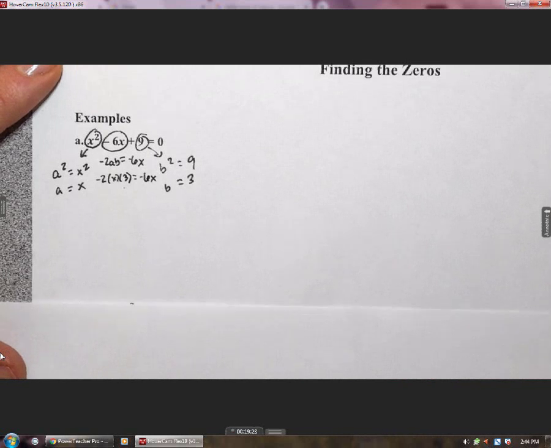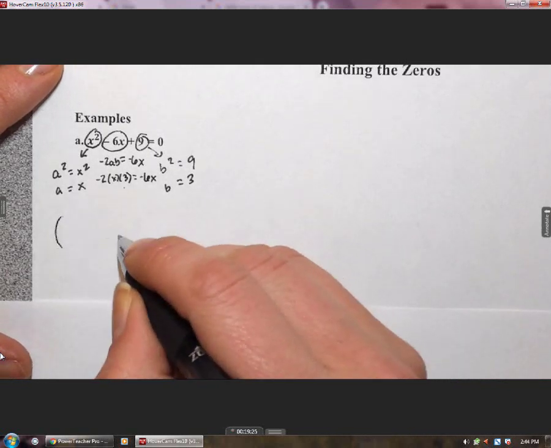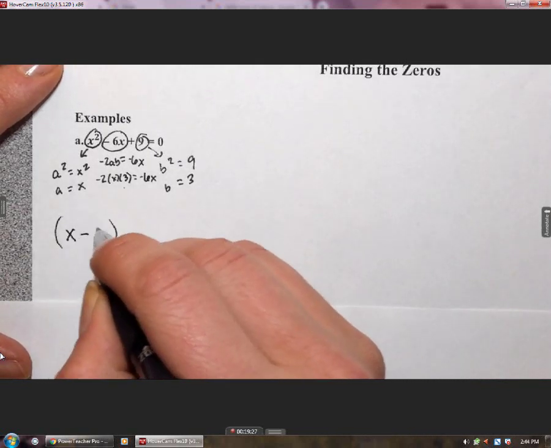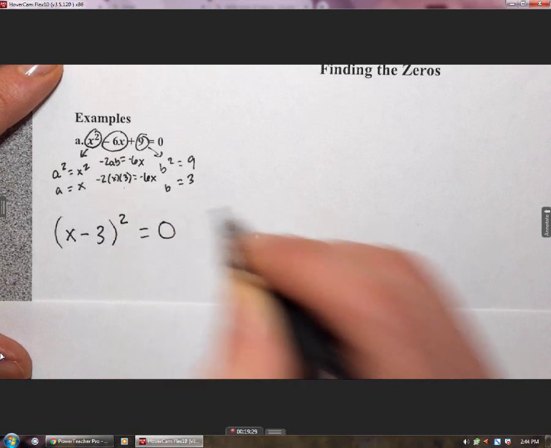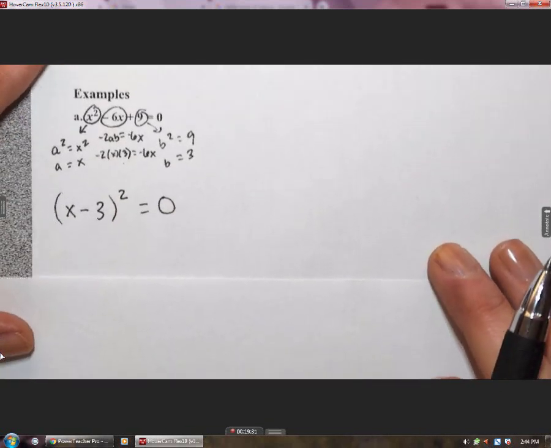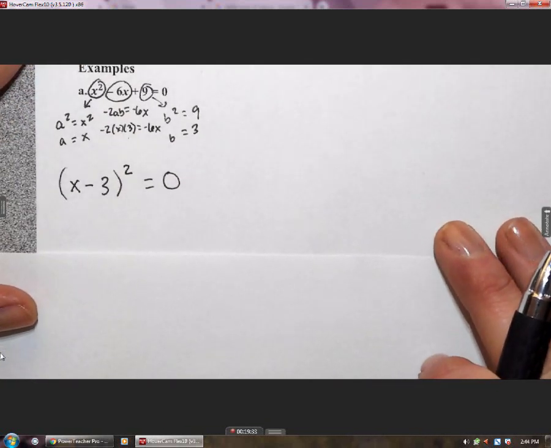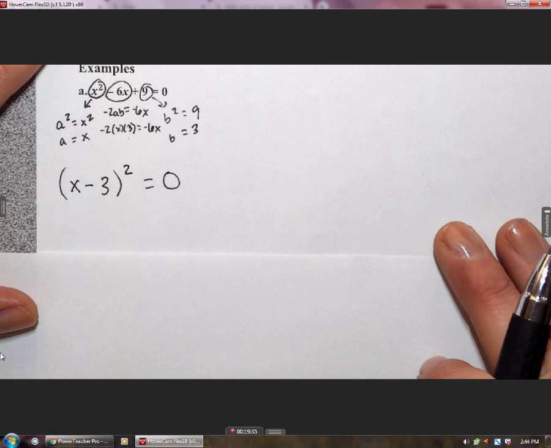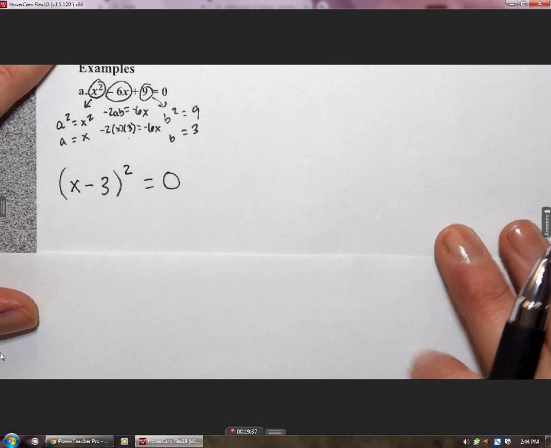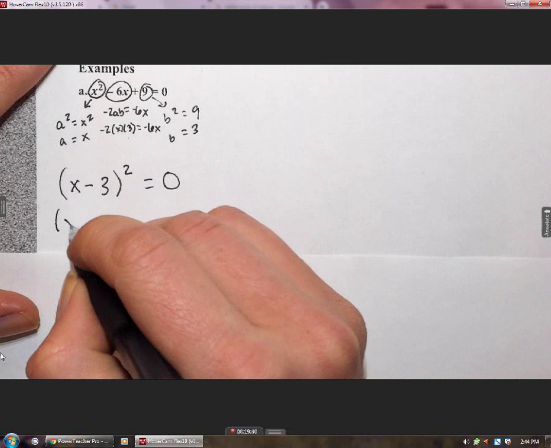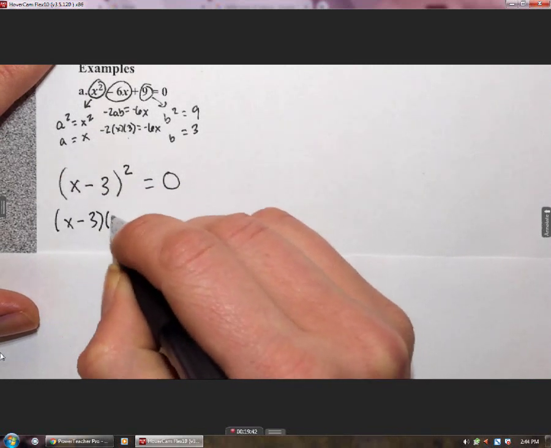How can you factor those? X minus 3 squared equals 0. Well, x minus 3 squared really means you have x minus 3 times itself.